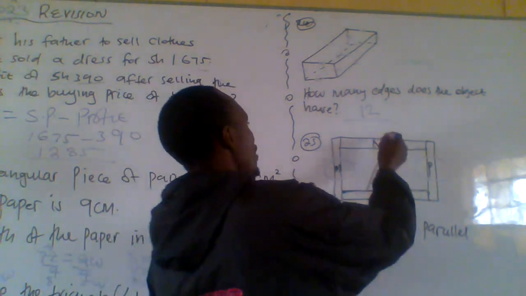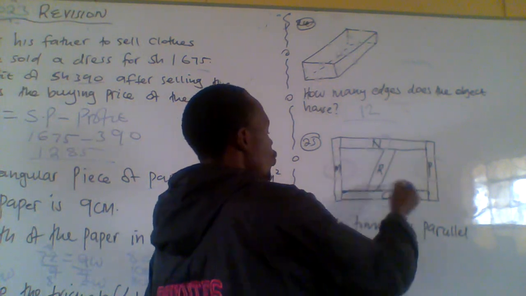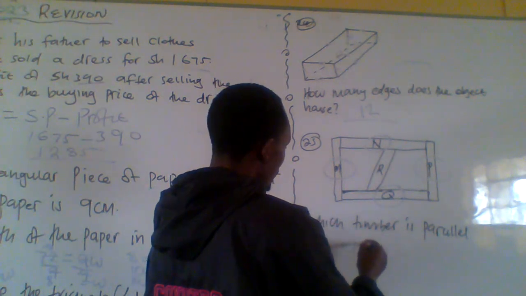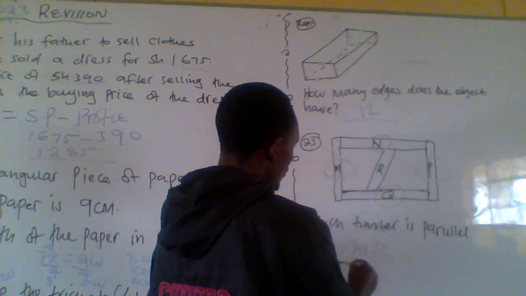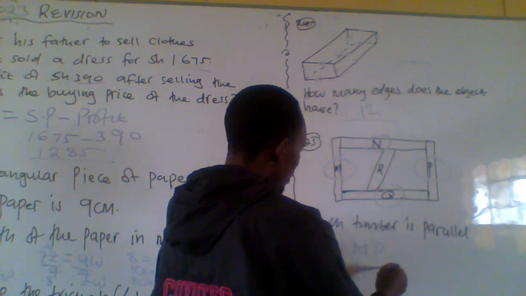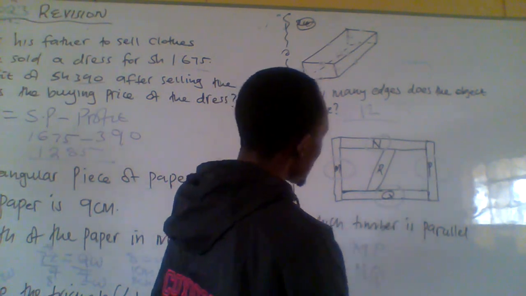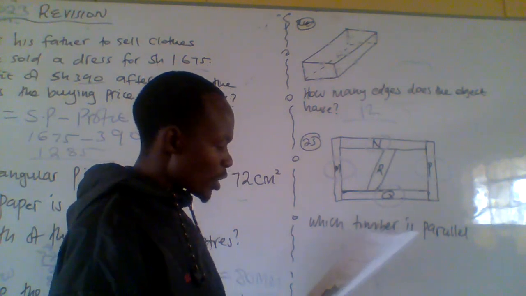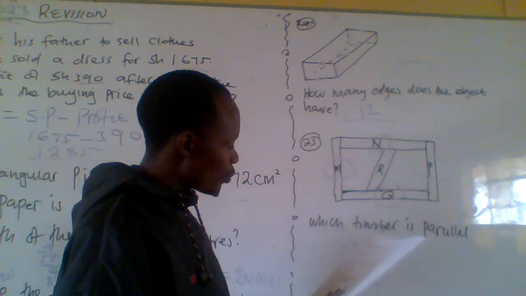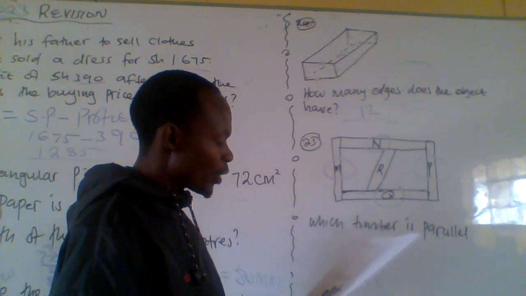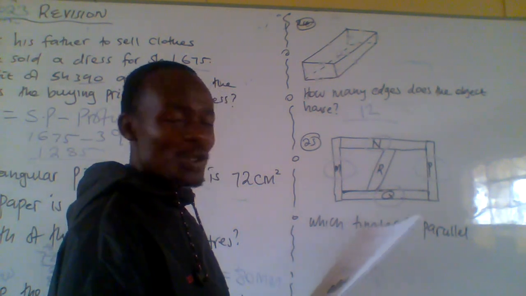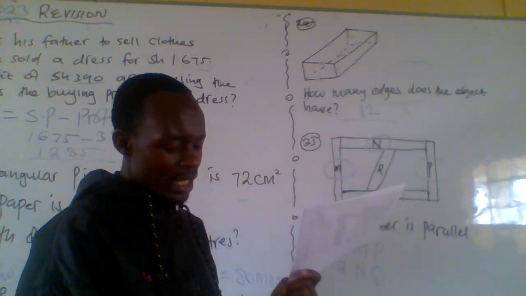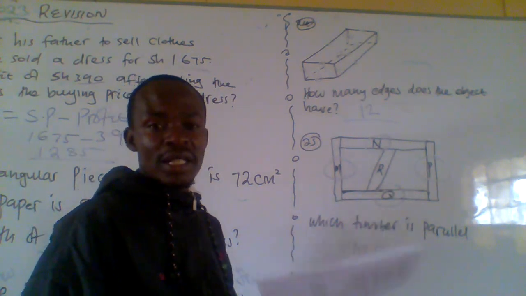Another pair of parallel lines we have is N and Q. So the parallel lines here: 1, we have M, P; 2, we have N, Q. Those are the only parallel lines we can have here. When you look at the multiple choices, we have N and Q. They did not give you M and P because they cannot give you 2 right answers. So you are supposed to be vigilant, careful and keen on such things.